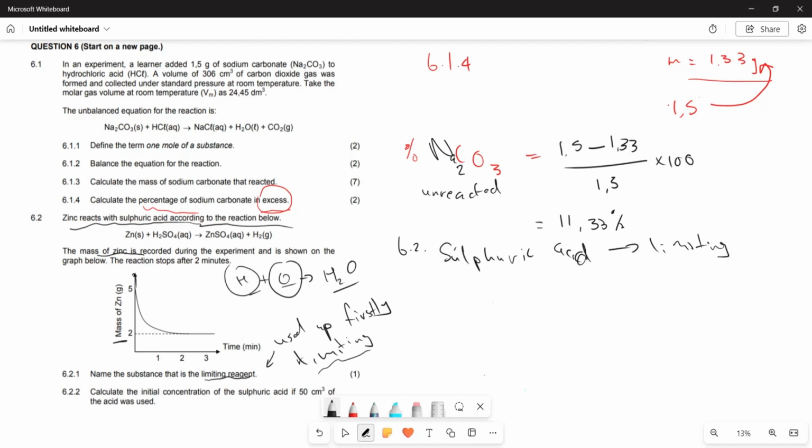Now let's look at the last question, which is 6.2.2. The question requires you to calculate the initial concentration of your sulfuric acid if 50 centimeters cubed of your acid was used. Let's see what we can do to calculate this.